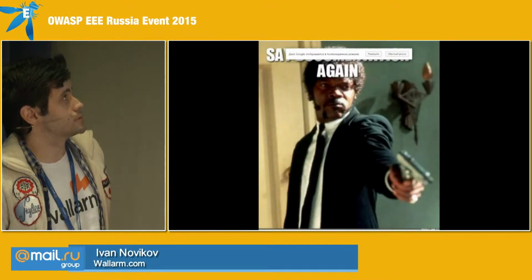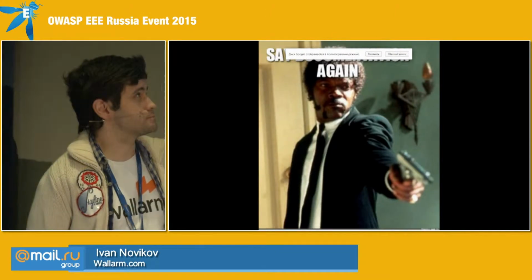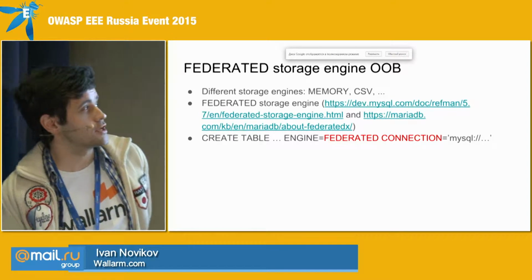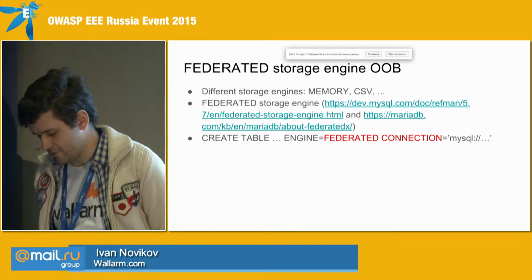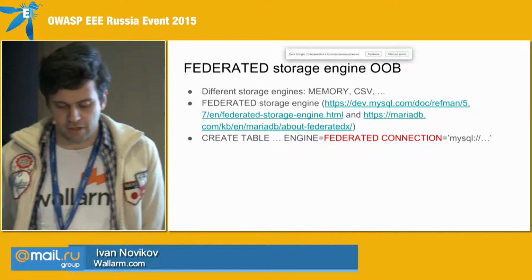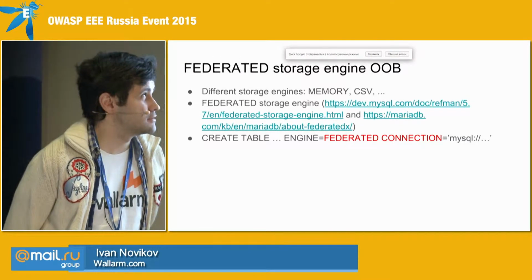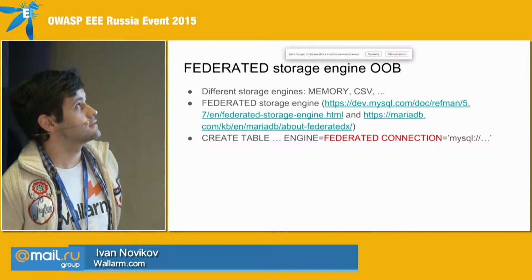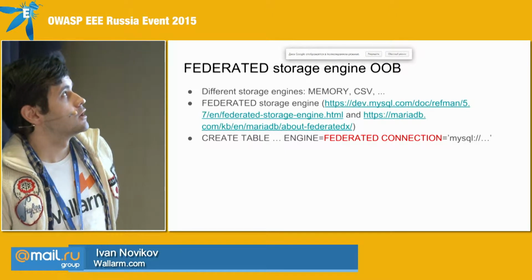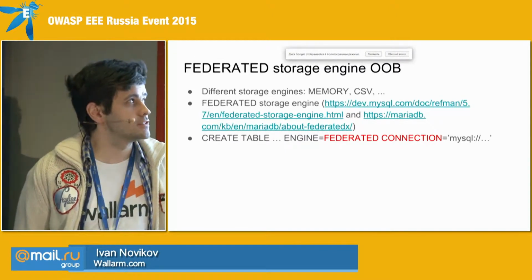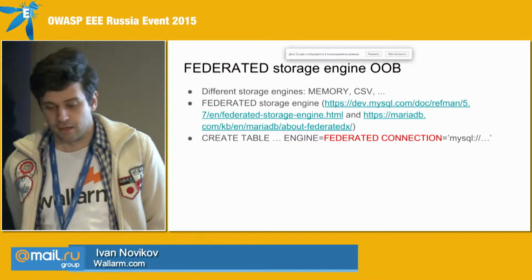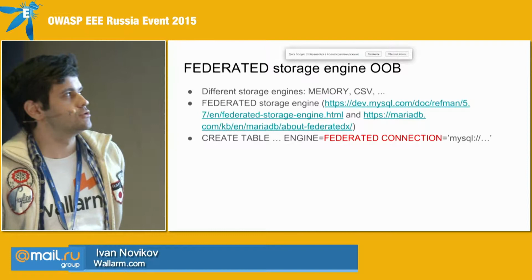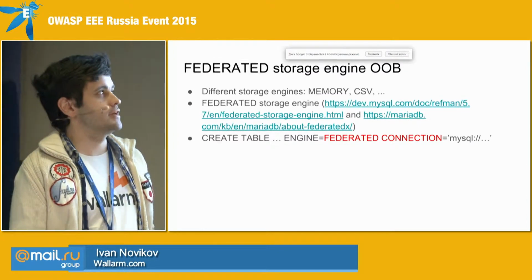So it's really nice, and it's time to read the documentation again and find something called different storage engines. MySQL since version 5, and MariaDB since, I think, all versions, have this nice thing called storage engines. And when you create a table, you can define an engine, which is used to describe this table and operate with this table.